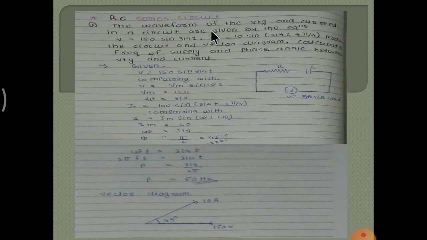The waveforms of the voltage and current in a circuit are given by the equations V equal to 150 sin omega t, and I equal to 10 sin 314 t plus pi by 4. Draw the circuit and vector diagram. Calculate the frequency of supply and the phase angle between the voltage and current.